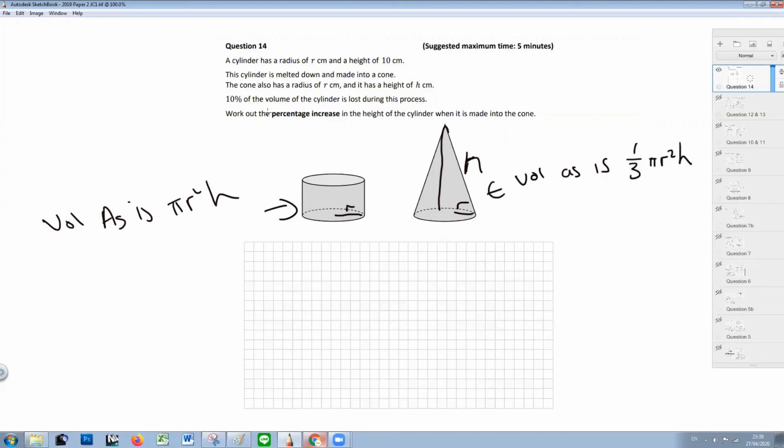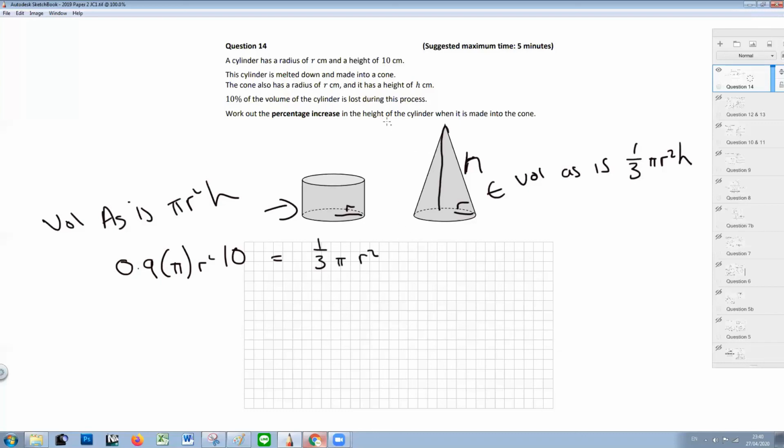Now we know that when the cylinder is melted down, it loses 10%. So what we're effectively saying is 90% of this is equal to 100% of this. It's going to be 0.9 multiplied by pi multiplied by r squared, multiplied by h, which is 10, is equal to a third pi r squared h.